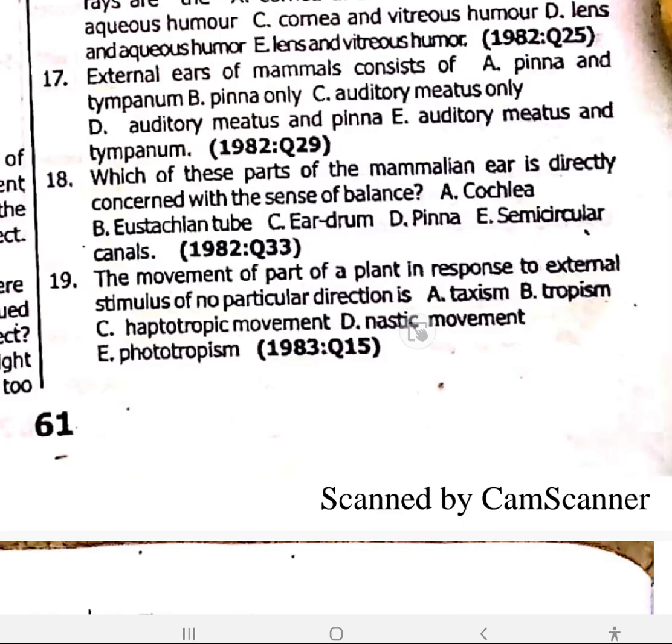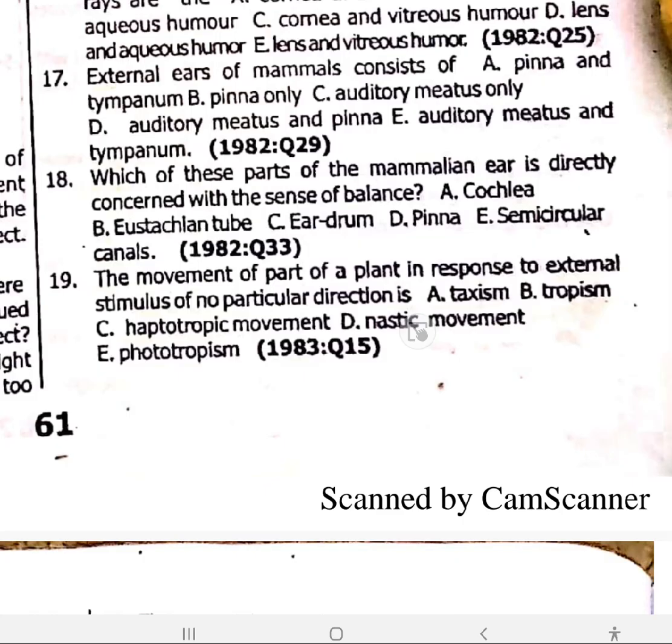Examples of this are the mimosa plant, the pitcher plant, and the flamboyant plant. So non-directional movement is called nastic movement.